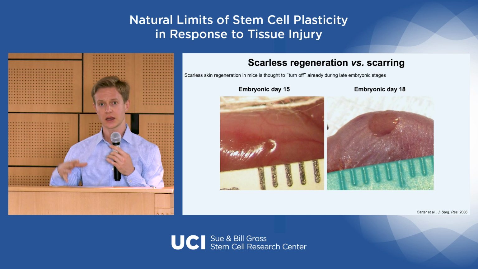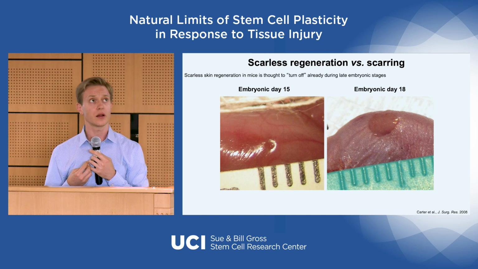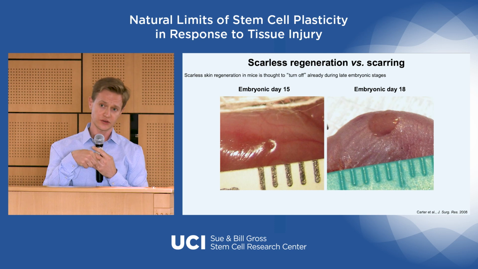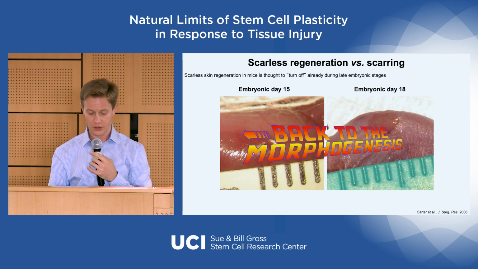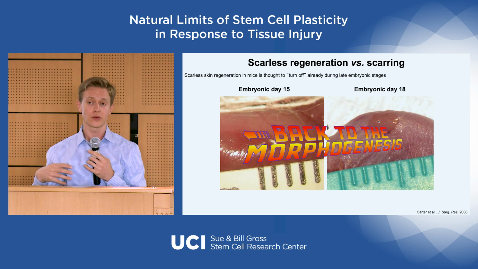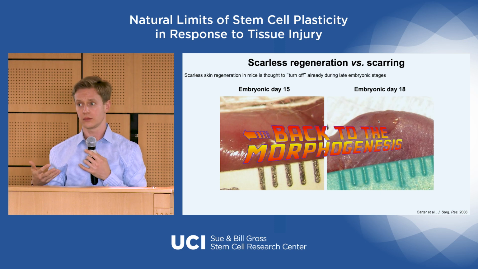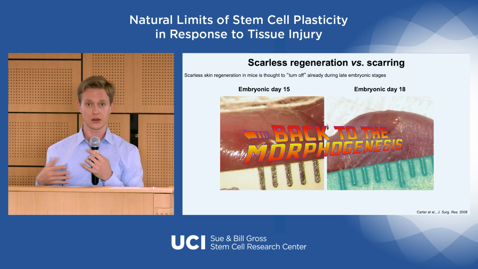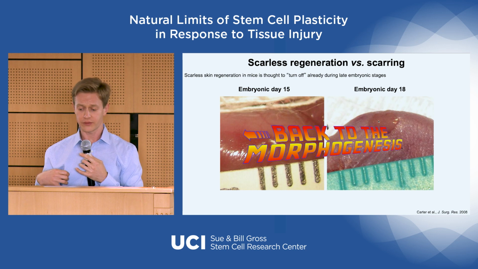So the idea that has been formulated is that we just need to learn what those early stage fetal skin can do. And we kind of go back in time, I call it go back in morphogenesis, and recapitulate the embryonic program for scarless healing, and then possibly even reignite it in an adult like us, so we can do that.